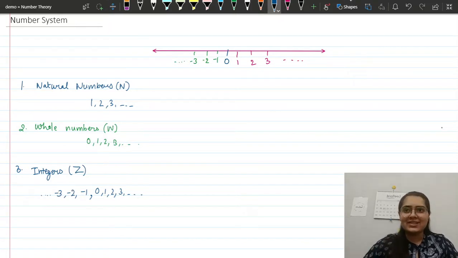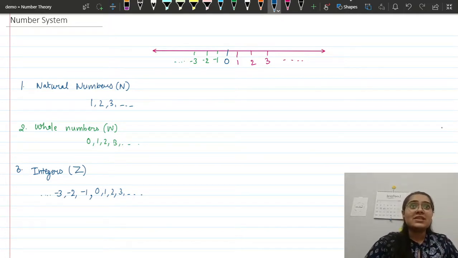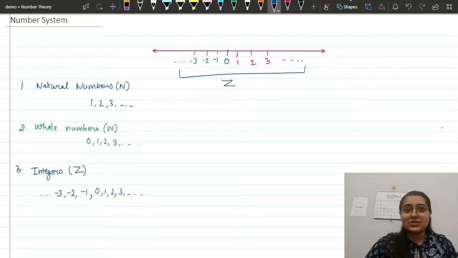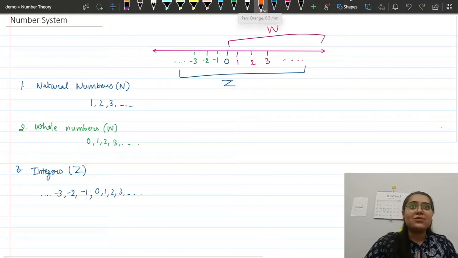Now the question arises, are all whole numbers integers? Yes, obviously, because you see, these are all integers, and we denote it by Z. Starting from 0, these are whole numbers. And starting from 1, these are natural numbers.